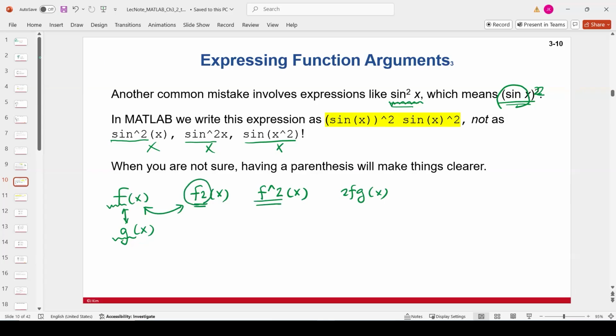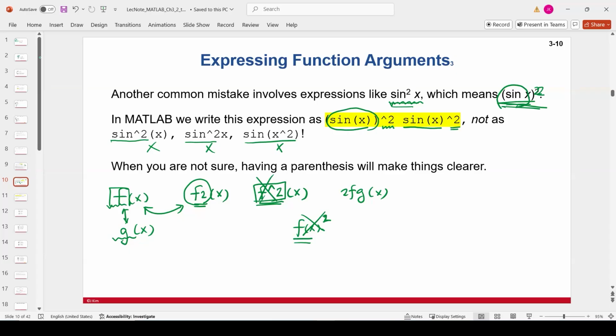Because the names of the functions are different. This one as well. You might want to try this maybe, but it's not going to be realized like that because the name of the function here is changed from f of x. Okay, so this will not work as f of x being squared, right? So what we need to do is, just like we have here, run the sine of x first, and then square it. Or you can just have it like that, and then square it as well.